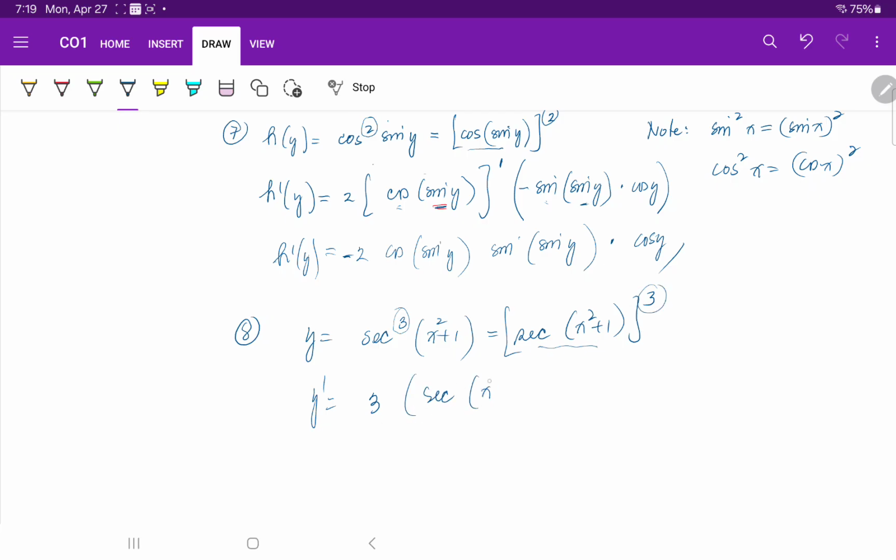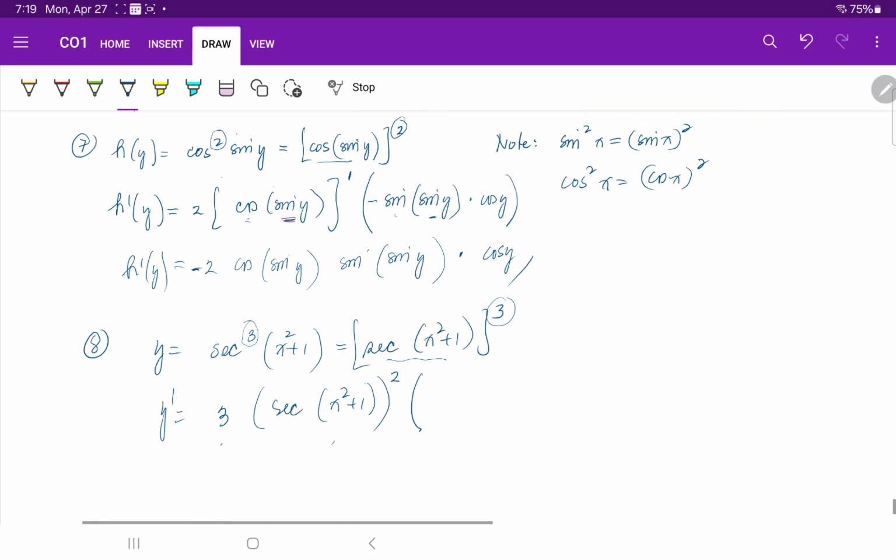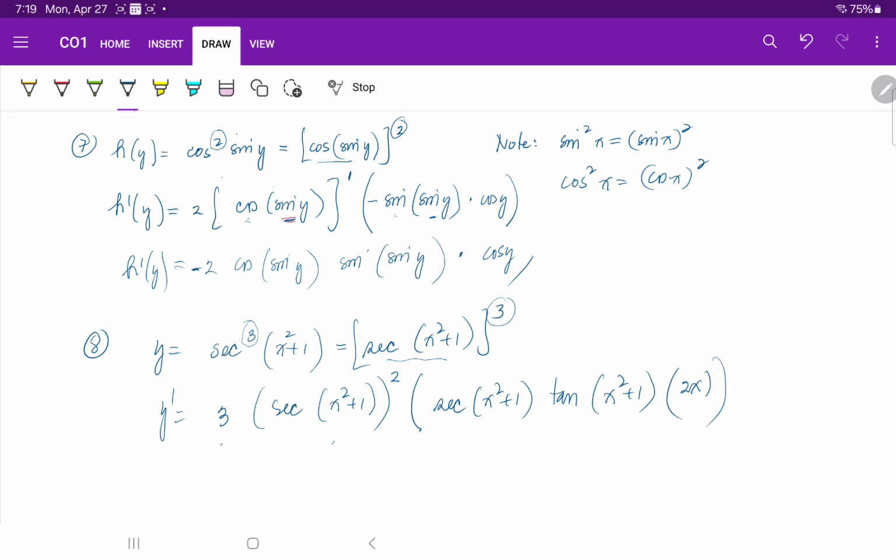Secant of x squared plus 1 to the n minus 1 times the derivative of secant, which is what? Secant of x squared plus 1 tangent of x squared plus 1 times the derivative of x squared plus 1, which is 2x.